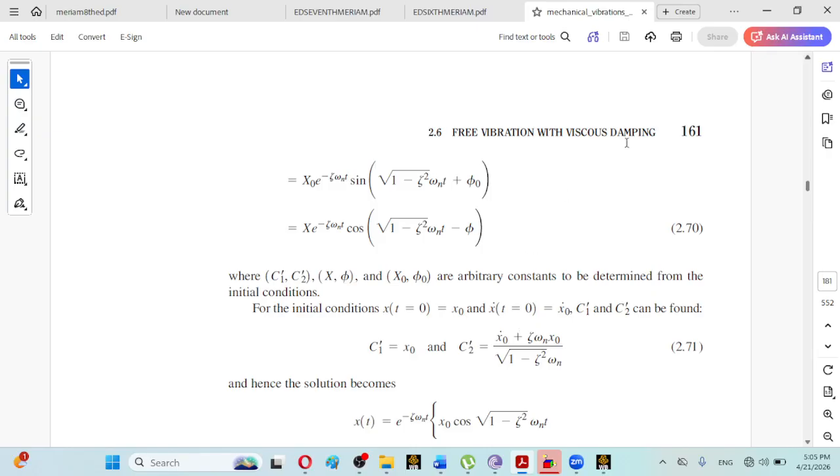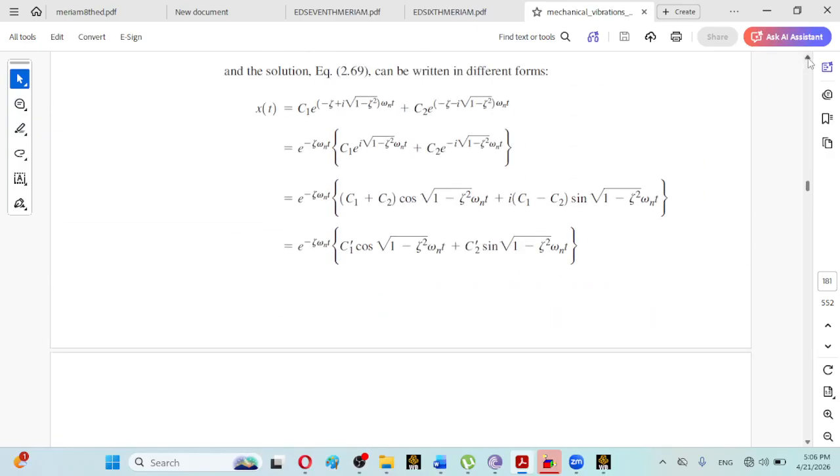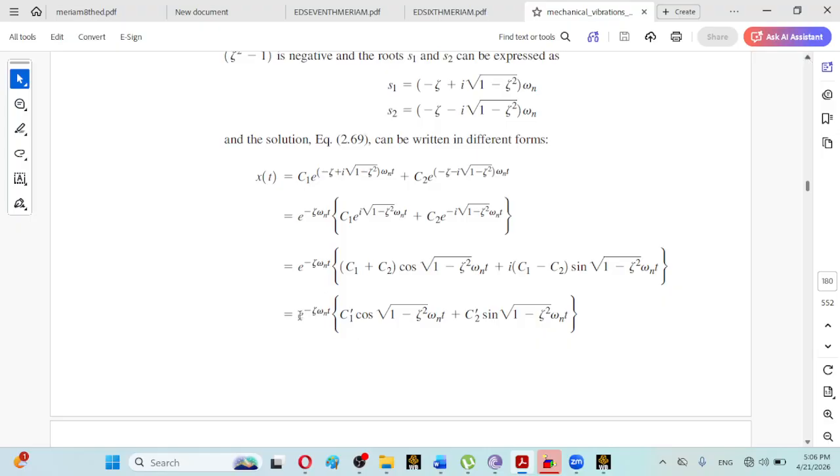So here we can observe that c1 dash can simply be obtained from this equation, because this was the actual equation in terms of c1 dash and c2 dash. Here x(t), we put x0, means x naught, so that will be equal to, when we put e power minus damping factor omega nt, e power 0, which is equal to 1.